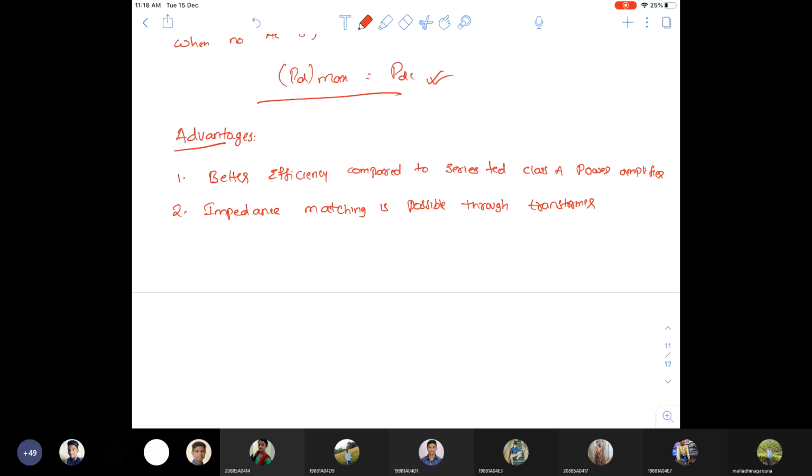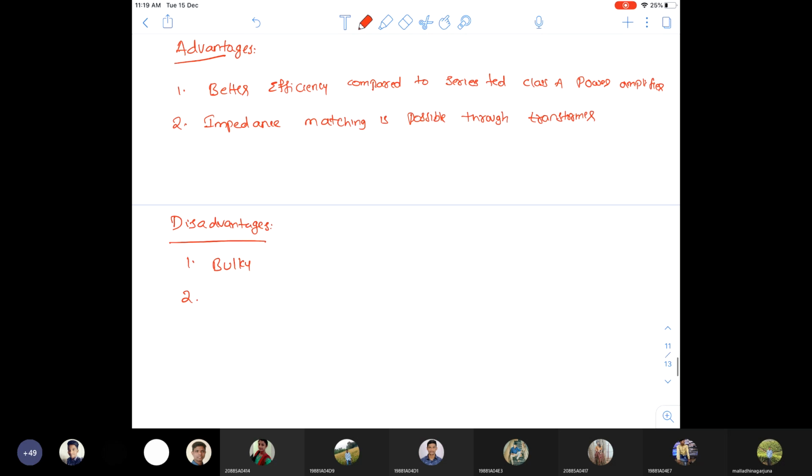Disadvantage? Bulky circuit. Yes, exactly. Bulky because you are using a transformer. Next. Costly. Yeah, bulky and costly. Complicated to design. It's not so easy to design like series fed, and frequency response is poor.